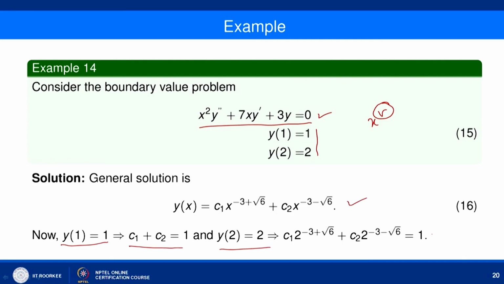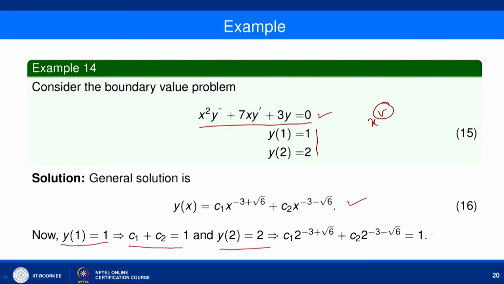For which values of r x to the power r is a solution, we have already discussed, and we can easily see that y(x) equal to c1 x to the power minus 3 plus root 6 plus c2 x to the power minus 3 minus root 6 is a general solution of this. I am leaving it to you to find out how to get this general solution.